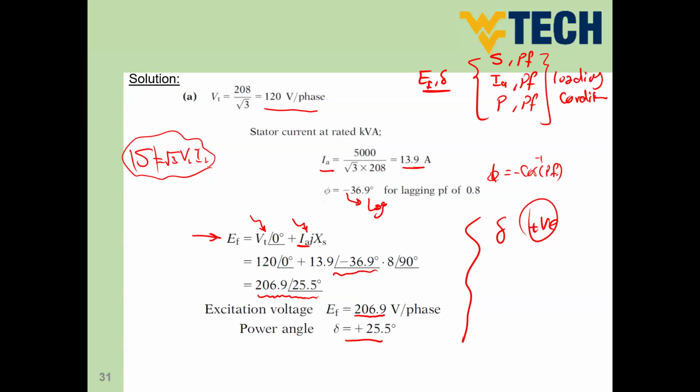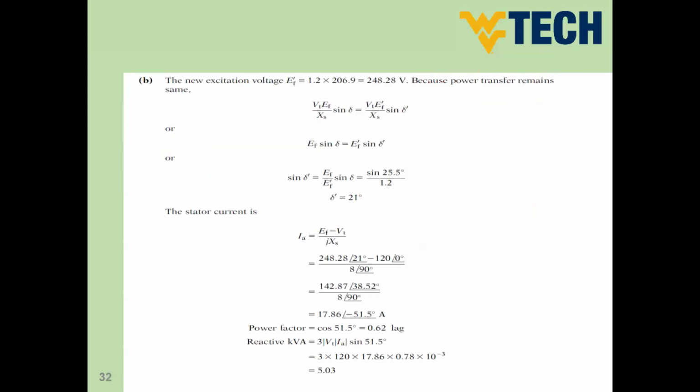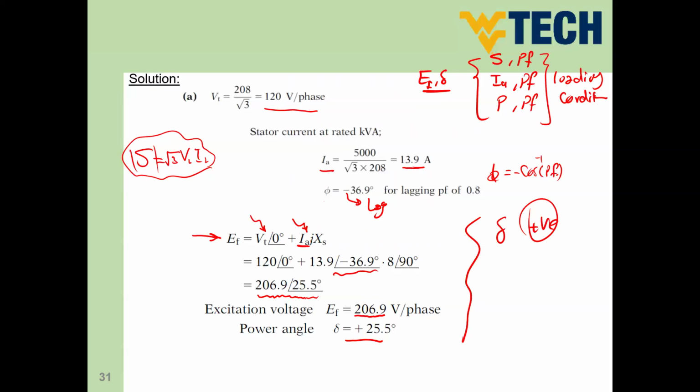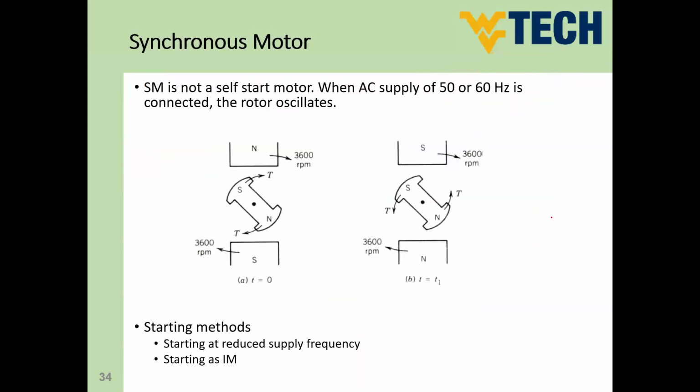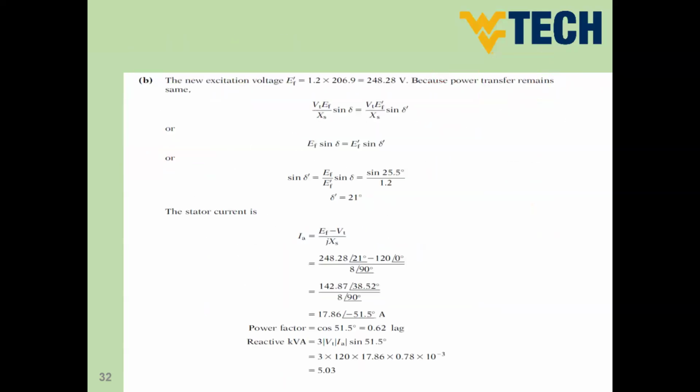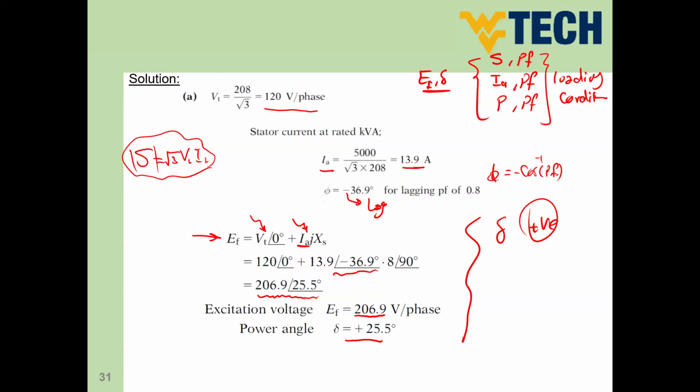Let's draw the phasor diagram. This is nothing but the phasor diagram in case of lagging power factor. It's not solved here, so let me draw the phasor diagram here with you. So this is V terminal. IA is lagging. So this is IA, and this is the value of phi. The value of phi is 36.9, so I'm going to write just the symbol phi. This is IA, and RA is neglected. So we have JIAXS.